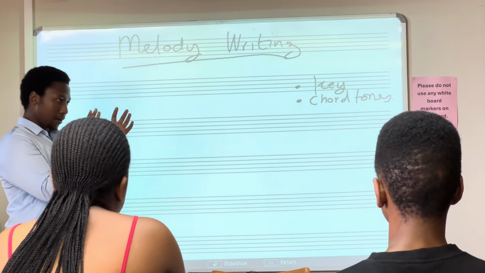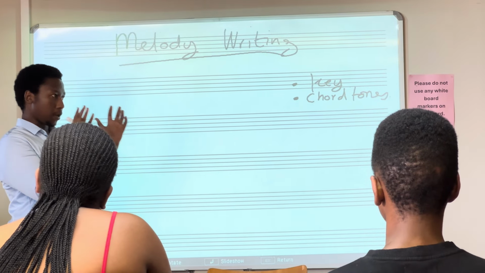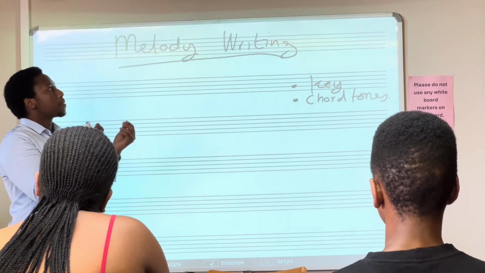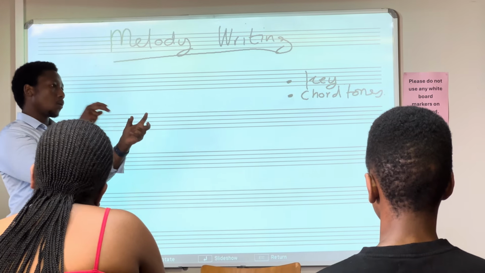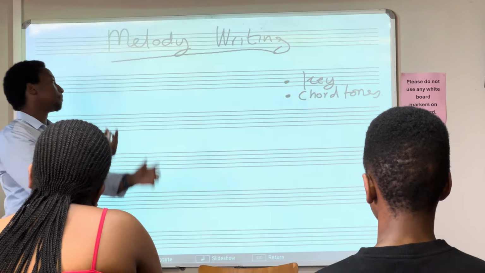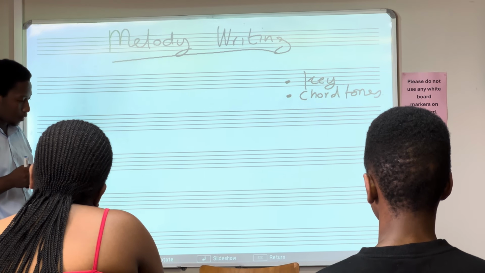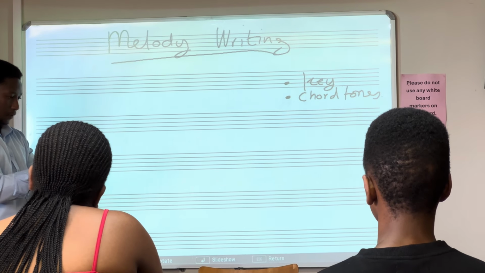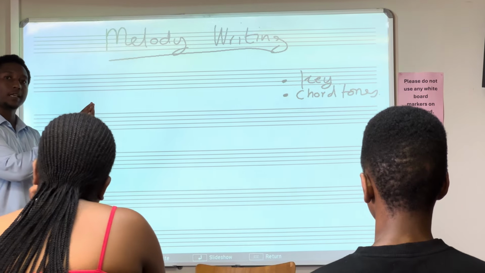So you're looking at a melody, looking at your key. Where is this melody? If you were to assign a chord, from the melody that you're given, what chord can you assign to that melody?